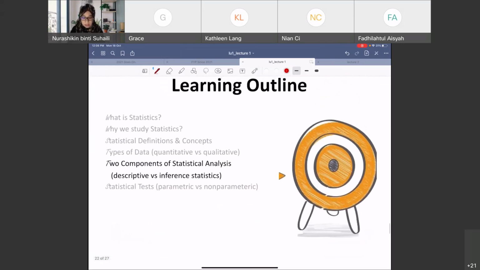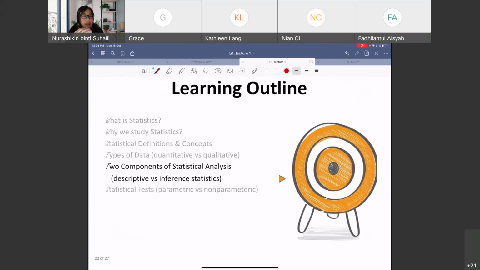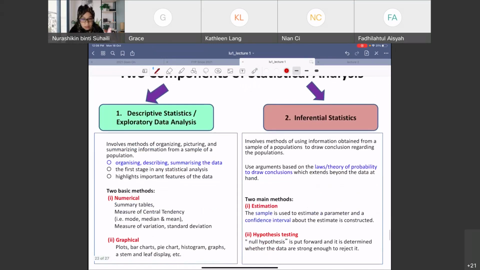When we talk about statistical analysis, they are branches of statistical analysis. Okay, the first one is descriptive analysis, descriptive statistics. So what does it mean? It means that we describe things from the data that we have. For example, just now when we talked about height, the height is this, the mean is this, it's about the present thing.